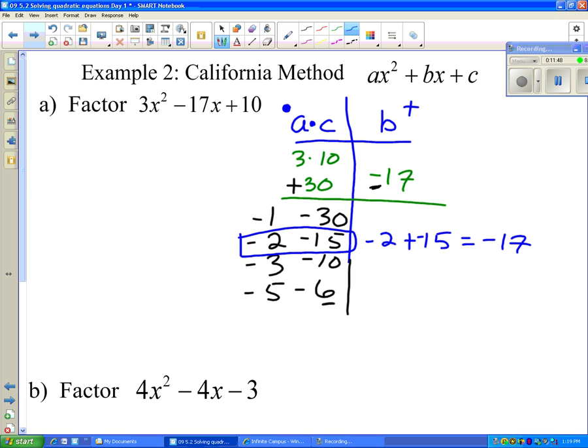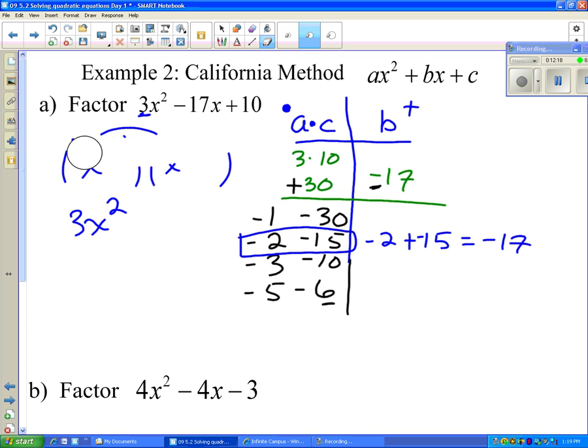But here's the problem. I have this pesky number 3 in front of here. I have to figure out how to get that 3 into my problem, into my factors. I can't have both of my factors be x, because when I FOIL this out, I get x squared when I want 3x squared.